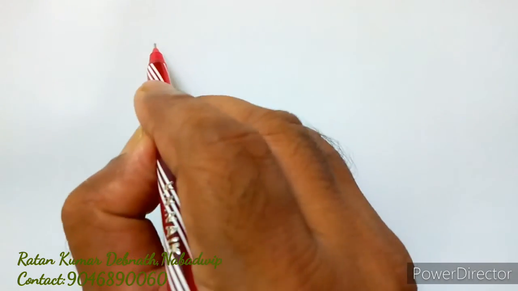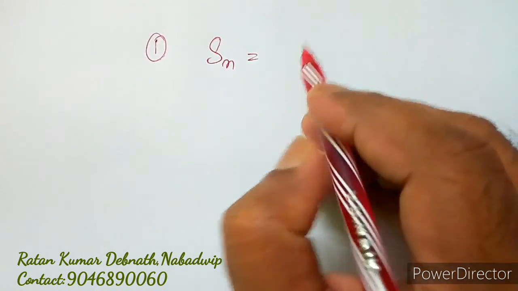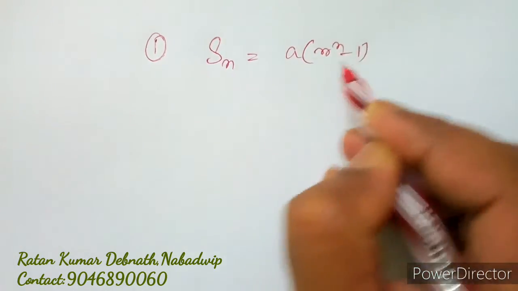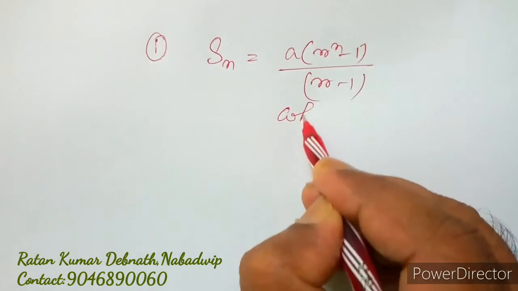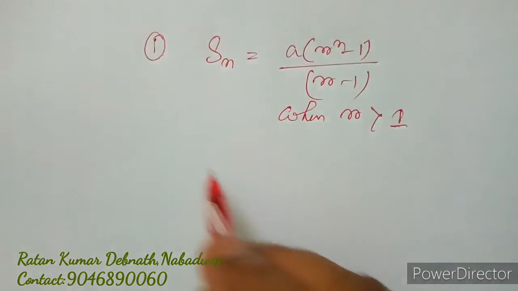Formula 1: Sn equals a into r to the power n minus 1 by r minus 1, when r is greater than 1.